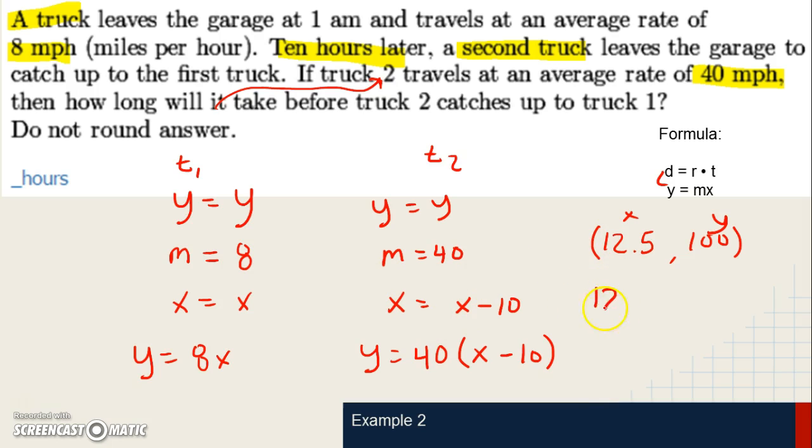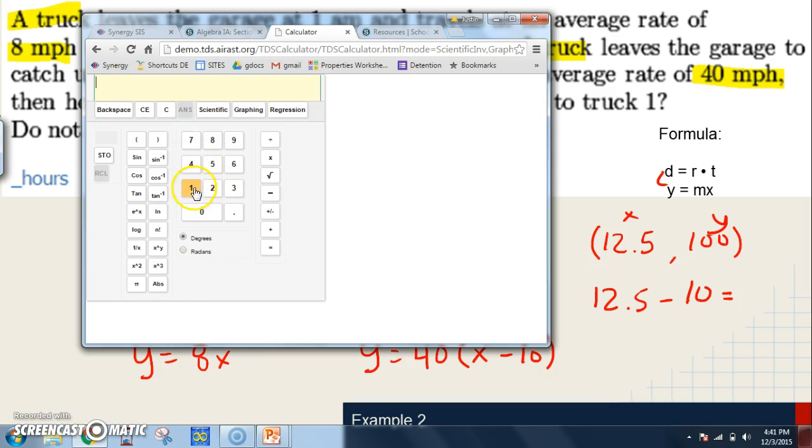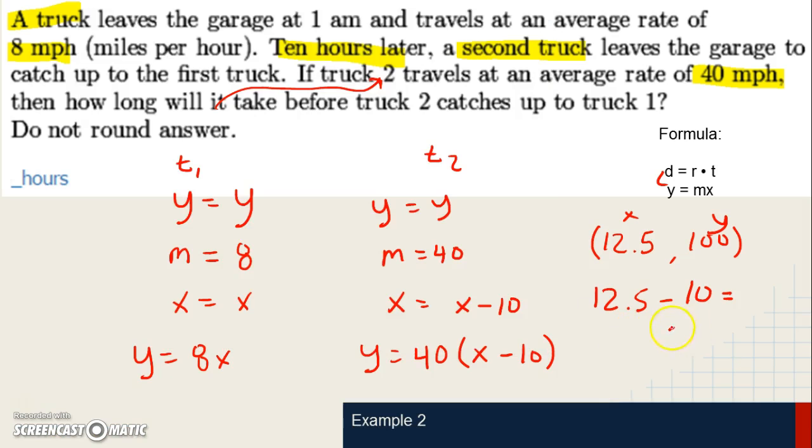So x is now 12.5 minus 10 equals, I'm not going to take any chances. Going back to the calculator. 12.5 minus 10, 2.5. So 2.5 hours. It takes him 2.5 hours to catch up to the guy who's pushing his car.